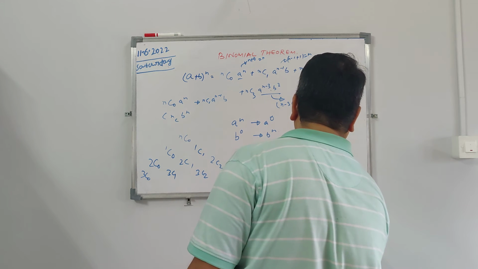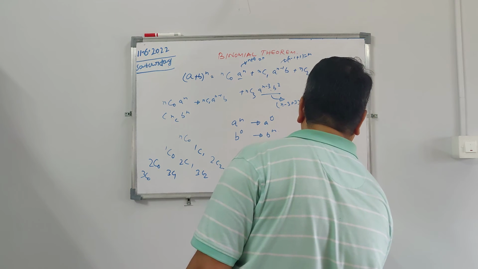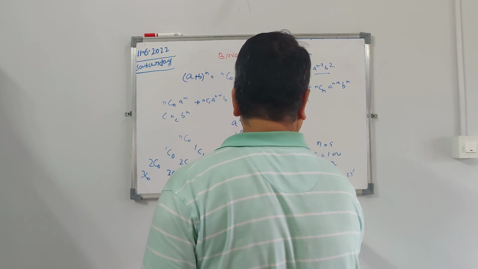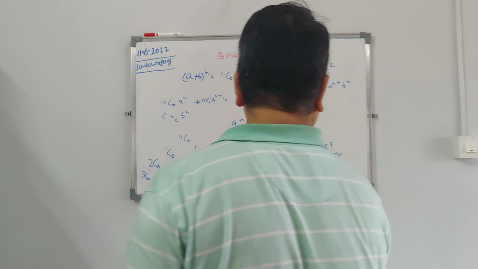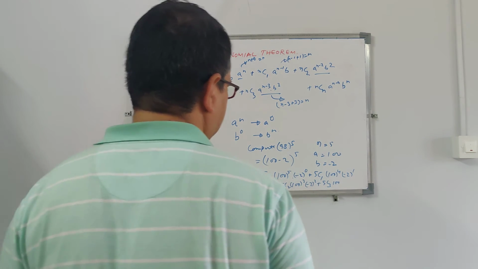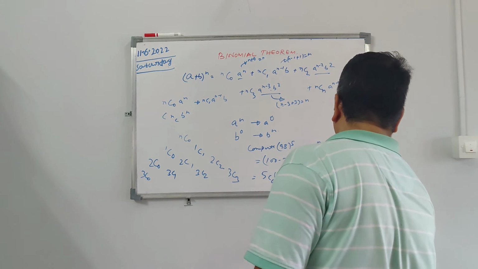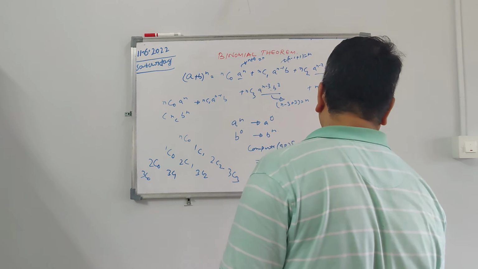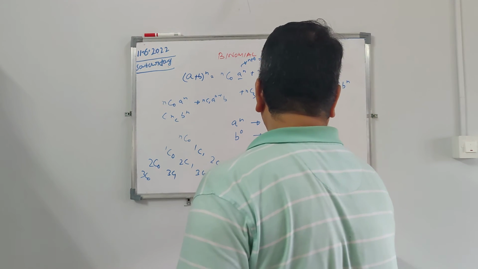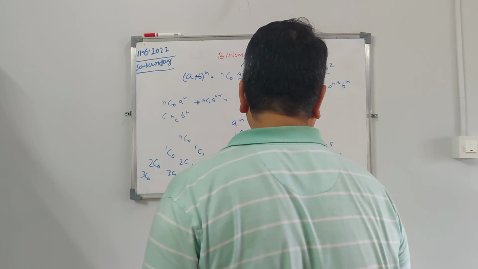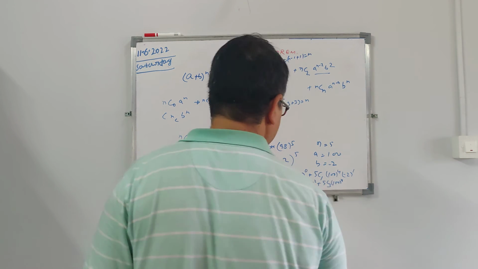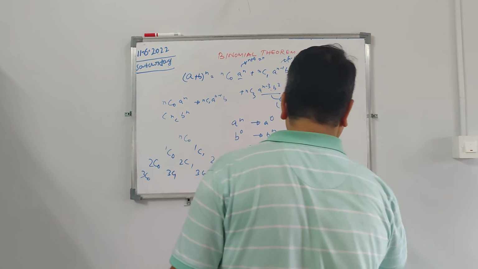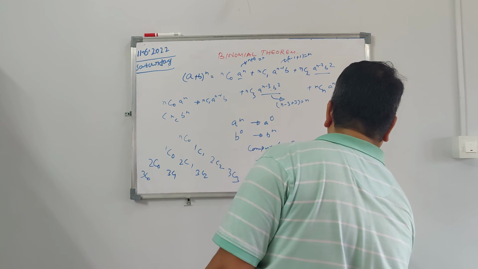Then 5C3, 100 to the power, sorry, there is a problem here. Let me check: the powers go 0, 1, 2, 3, so the 100 power is 5, 4, 3, and then 2 here. So 5C3, 100 to the power 2, minus 2 to the power 3.